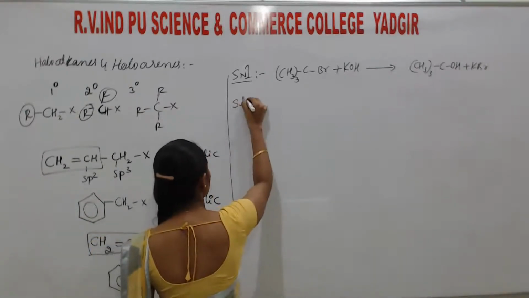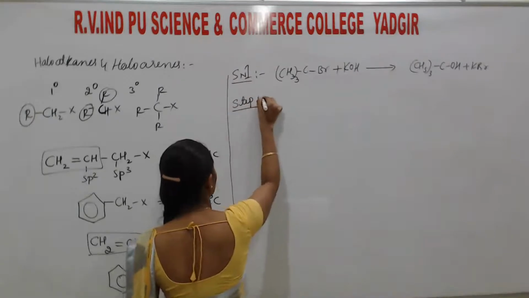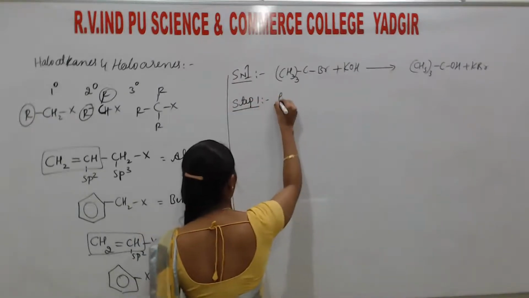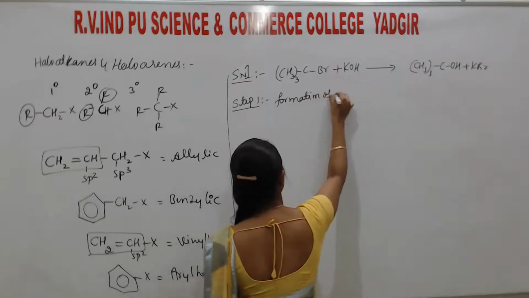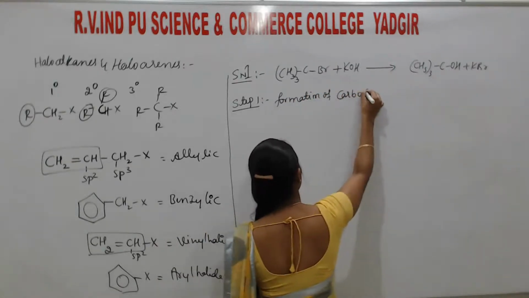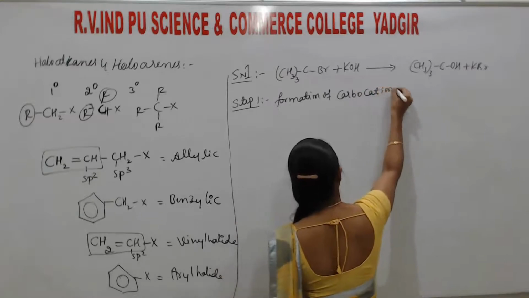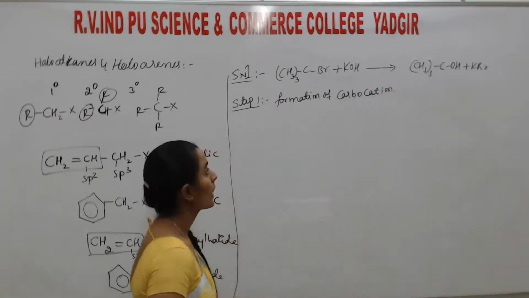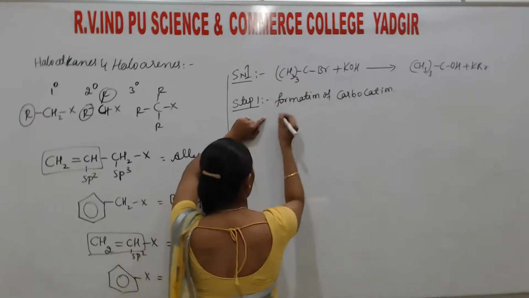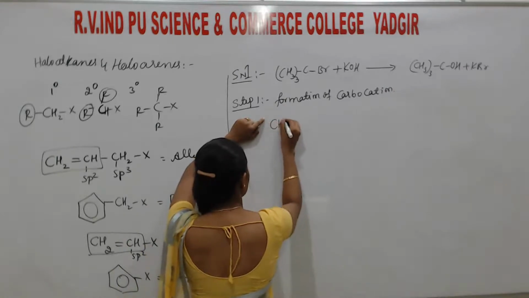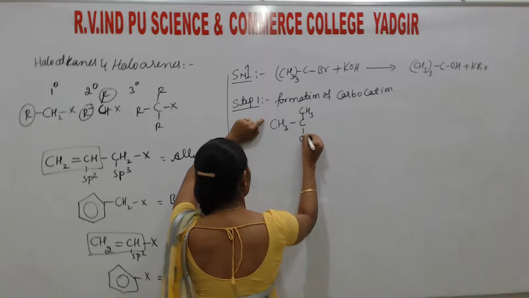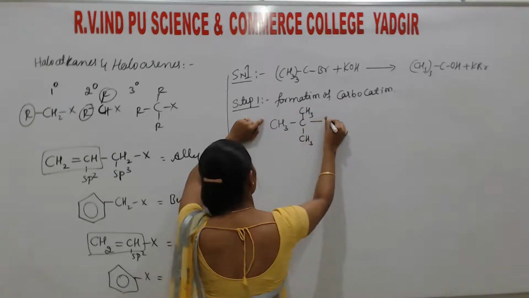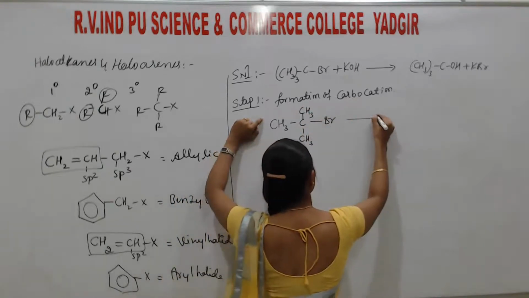So step 1 is the formation of carbocation. Listen here. Here we have CH3, CH3, CH3, Br.